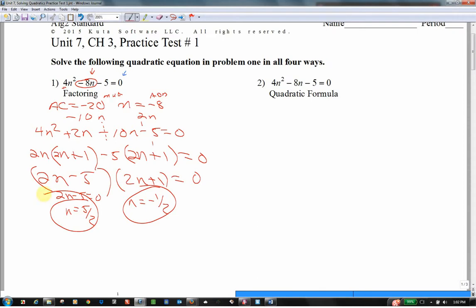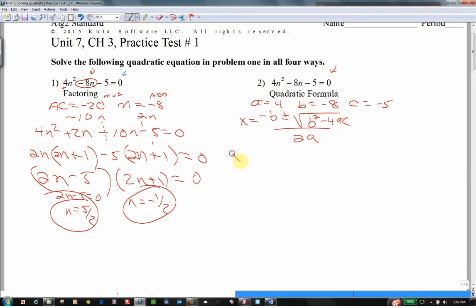So first thing, is this thing set up with a 0 on one side? It is. So A is equal to 4. B is a negative 8. C is a negative 5. Using the quadratic formula, x is equal to negative b plus or minus the square root of b squared minus 4ac all over 2a.